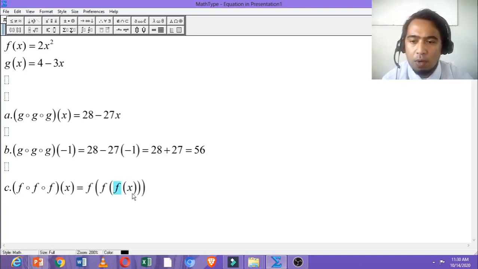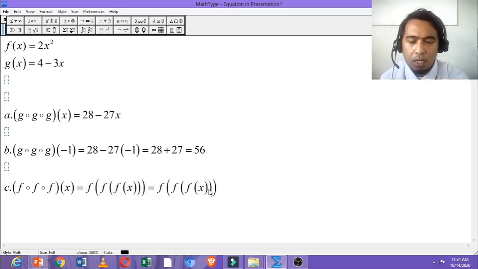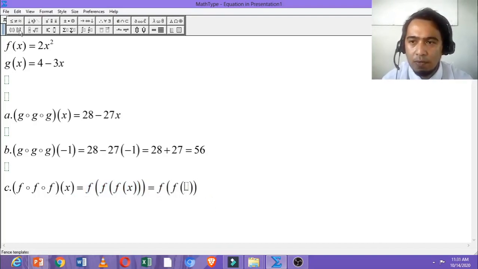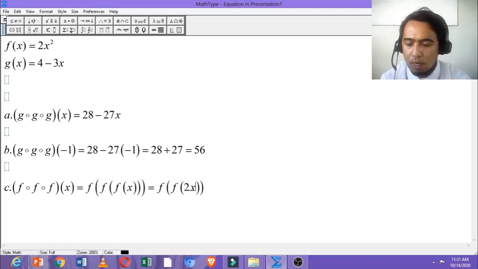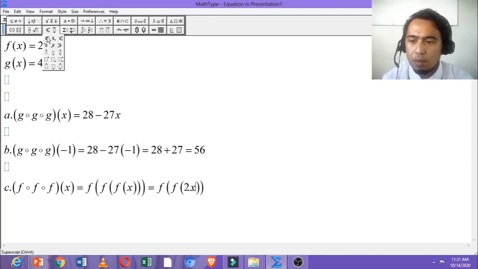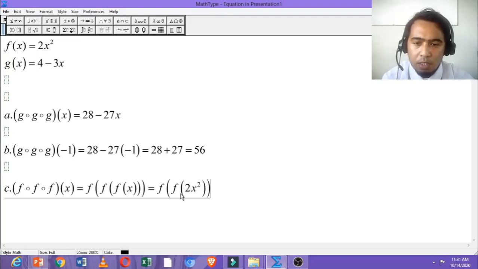If we substitute the value of f of x, we will just replace the innermost function by its value, which is 2x squared. Then next you perform f and f, wherein the input is 2x squared.